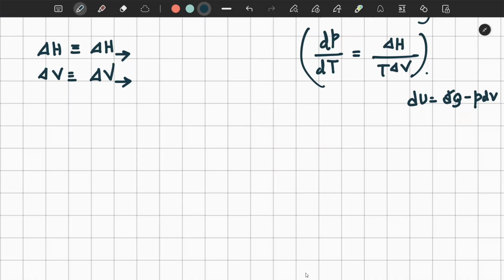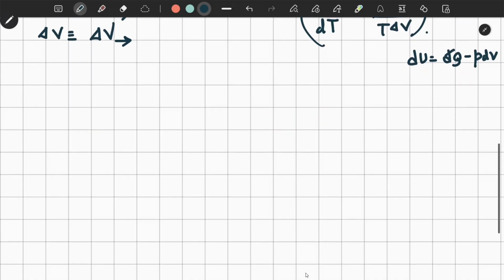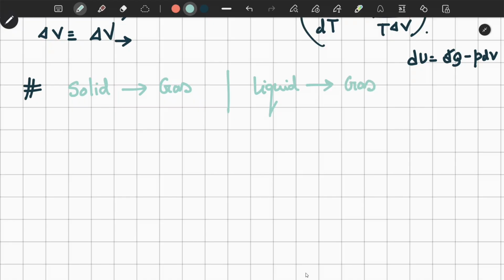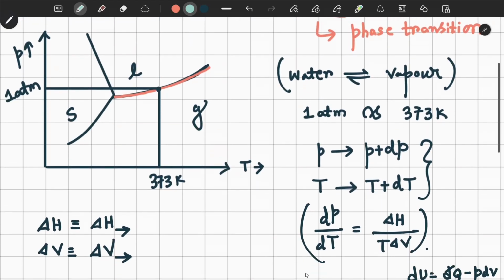Now you can simplify this equation. First, let's say you consider a transition from solid to gas, or a transition from liquid to gas, any two. That means this transition curve or this transition curve.